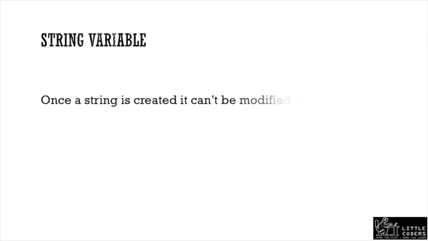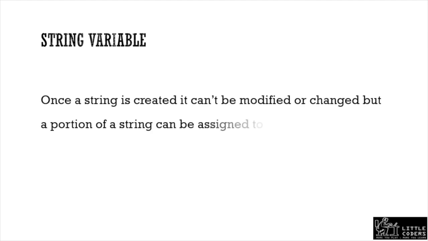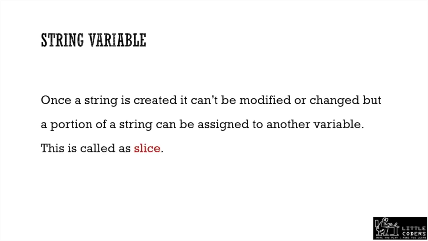The important rule in Python is, once a string is created, it cannot be modified or changed. What I mean by that is, if I say name 1 is equal to Jayasakti Aja, then I cannot modify that name. For name 1 itself, I cannot reduce the number of characters in that or something like that.